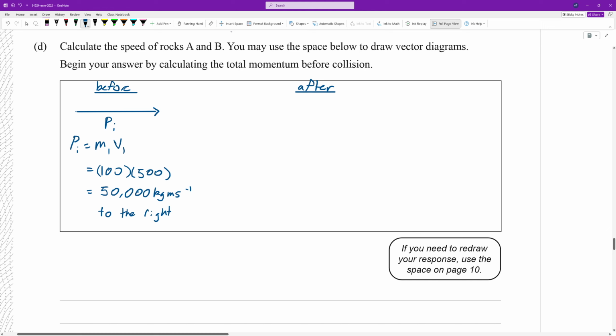Cool. All right. Now after the collision, let's have a think. We have momentum of A plus momentum of B. So a reminder, momentum is a vector. So when we add momentum, we don't simply add the size, we need to account for the direction.